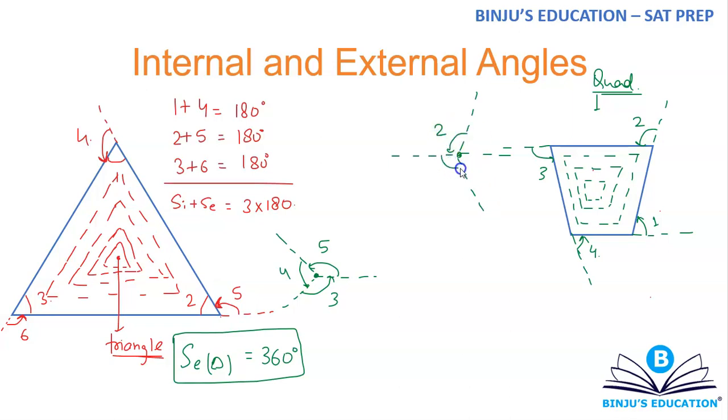This is your angle 2, this is your angle 3, this is your angle 4, and this is your angle 1. So again, you can say that your sum will be equal to 360 degrees.